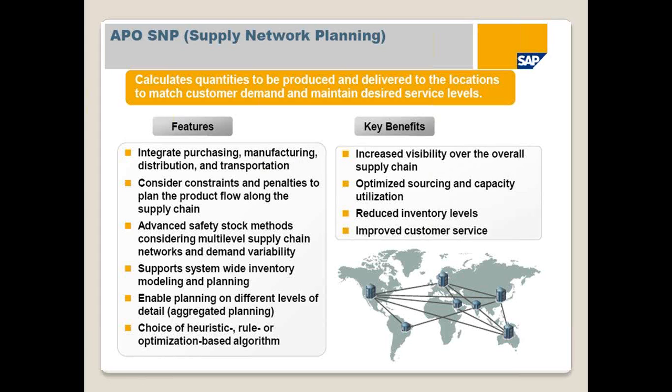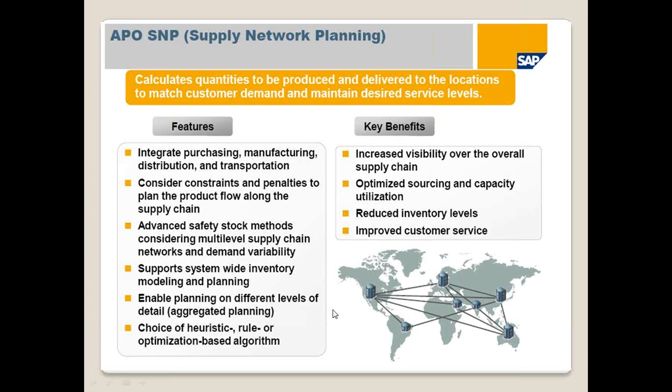And to produce 2000 quantity, what components do I need, and where do I need to procure the components? So it is going to handle your purchasing and manufacturing. According to that, it will give the planned orders and purchase requisitions. Those we send to ECC. Then ECC will make them production orders and purchase orders, and they will procure the components, manufacture, and have stock.